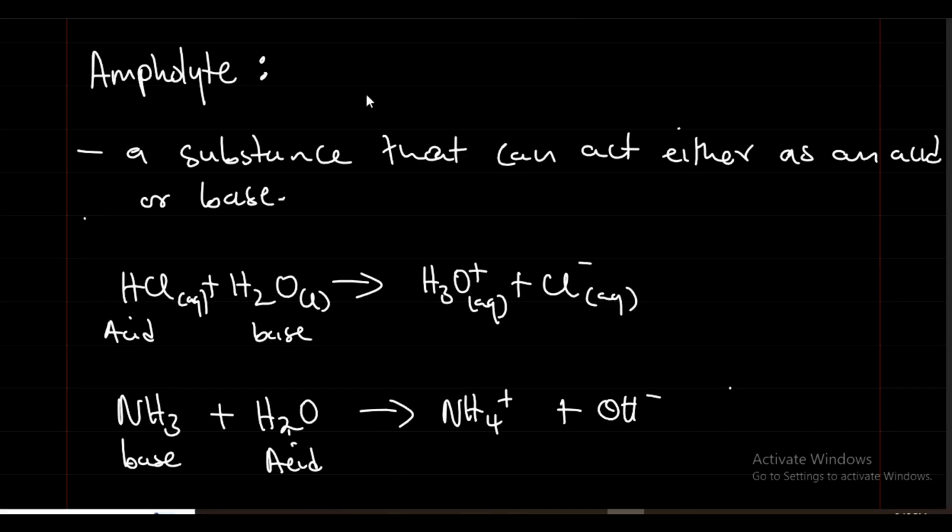So we can see that water in the first reaction acts as a base, and then in the second reaction acts as an acid. So because it can act both as an acid and as a base, we say it is an ampholyte.